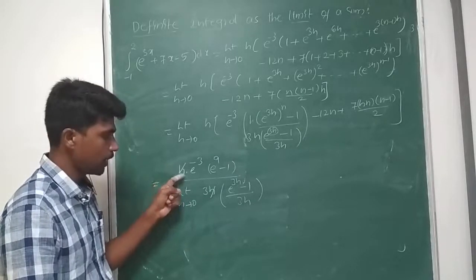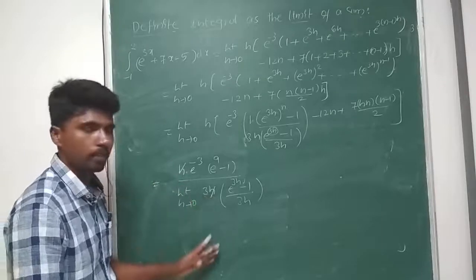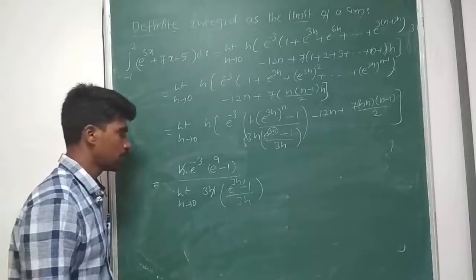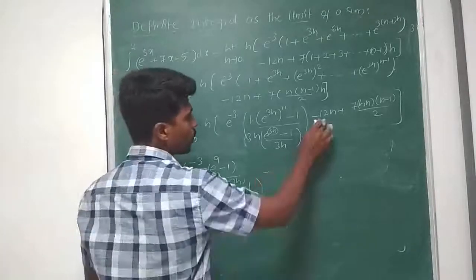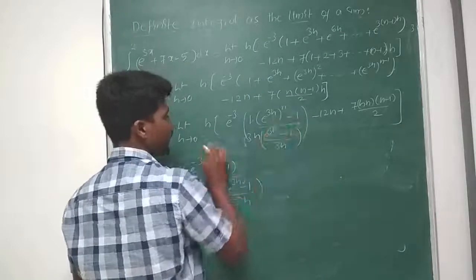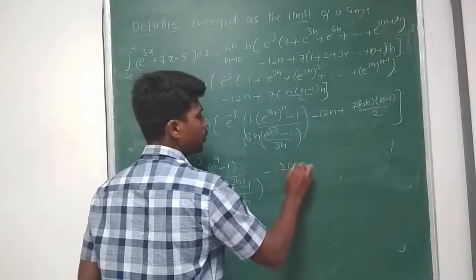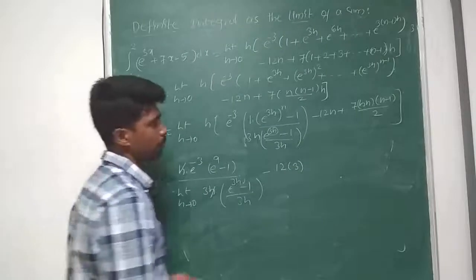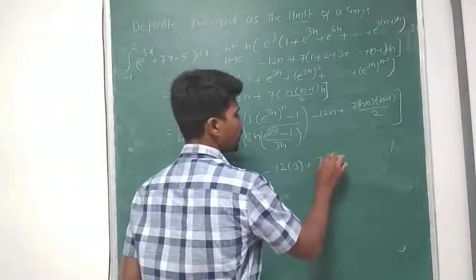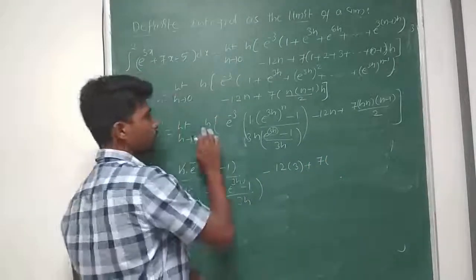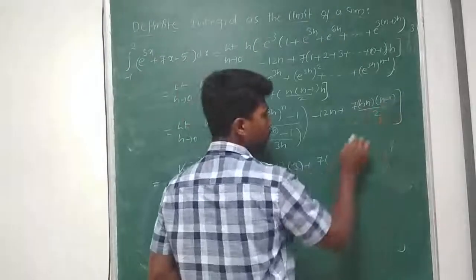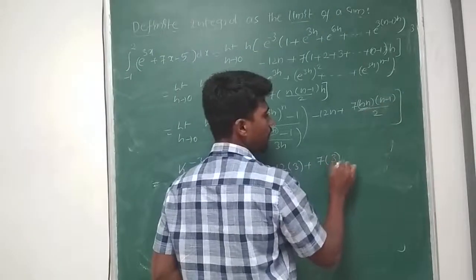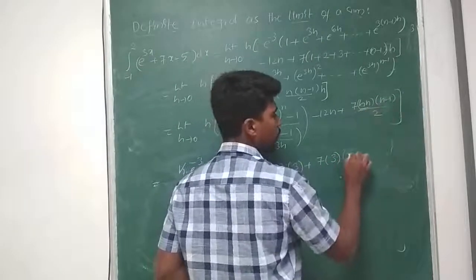So I get h here and h here, both will get cancelled. Okay? Right. So now minus 12 into n into h, 12 into nh value 3, plus 7 into, so this h is due to the second group. So first group nh value 3, second group nh value 3.